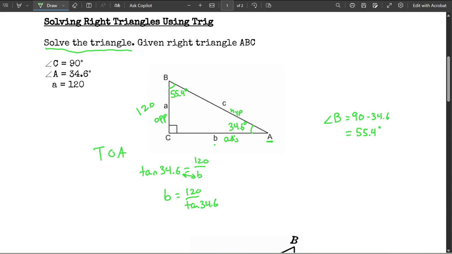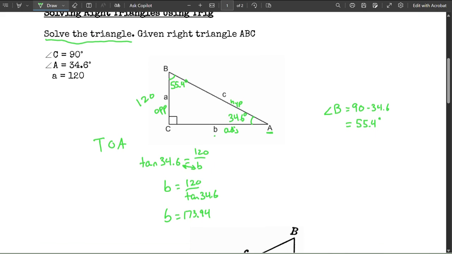All right. B equals 173.94. And it's okay to leave it like that, or you can round up. I would accept either one. Okay, so we have one piece down, one piece to go.